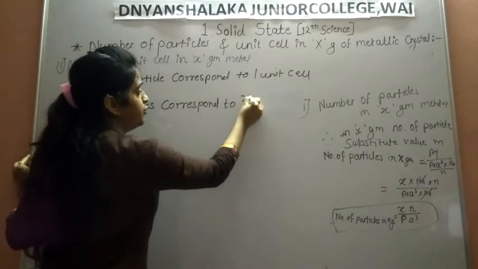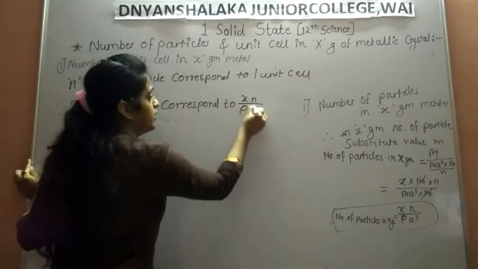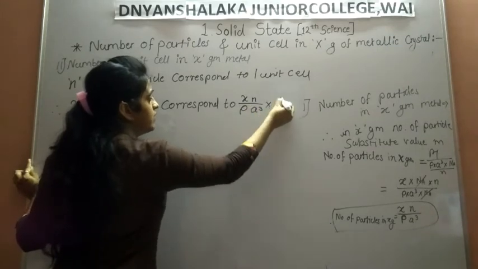x into n upon rho into A cube into 1 unit cell, means 1 upon n.